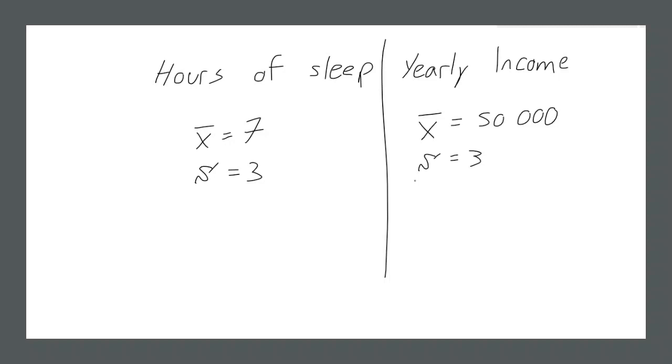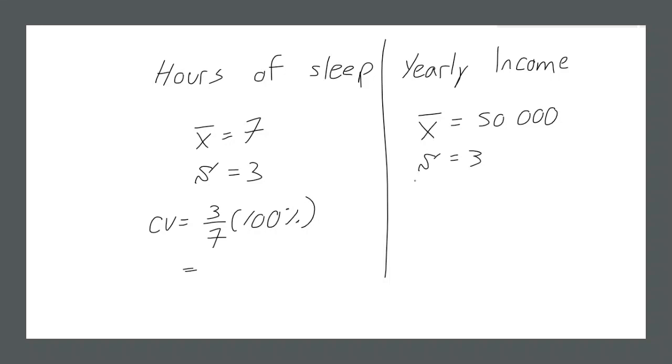You can understand that just by looking at the study and understanding what it's talking about, but you can also quantify that with the coefficient of variation. For hours of sleep, your coefficient of variation is going to be 3 divided by 7 times 100%.